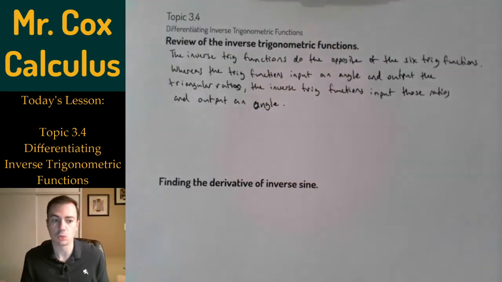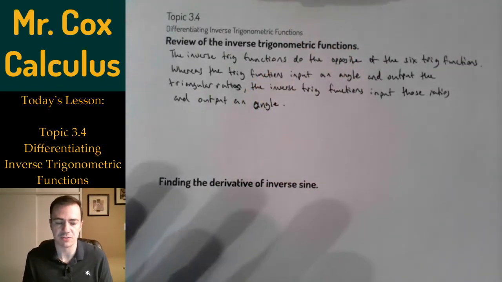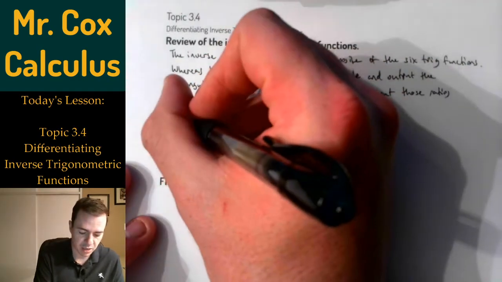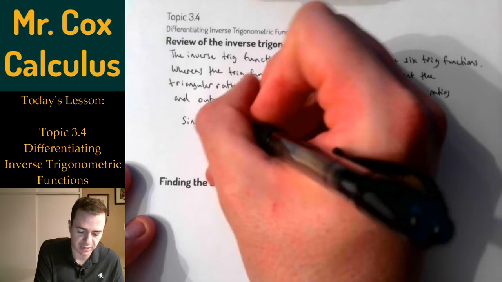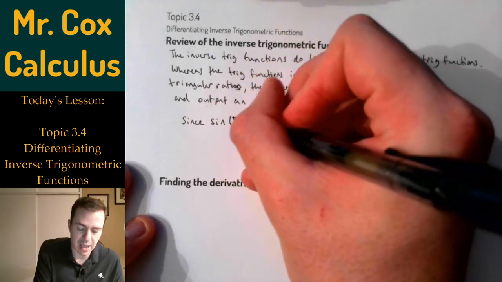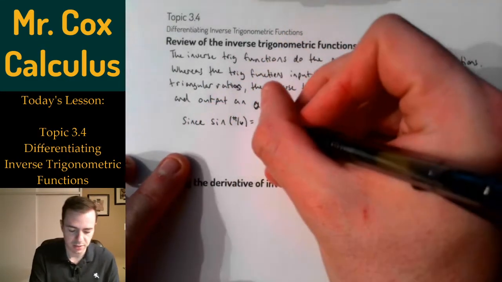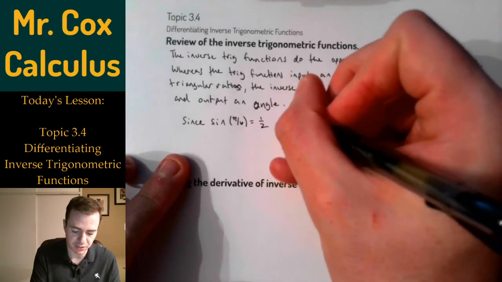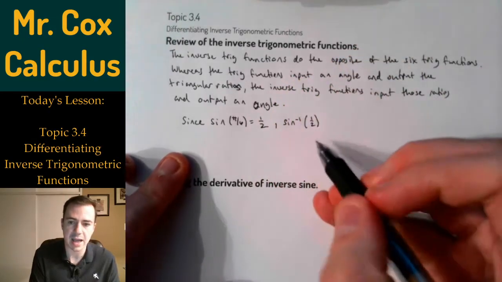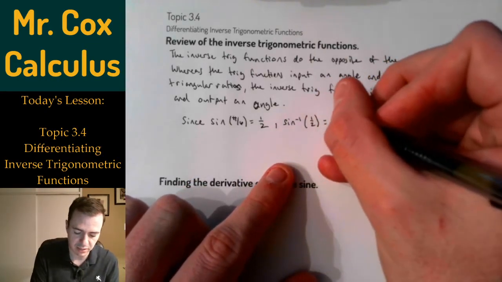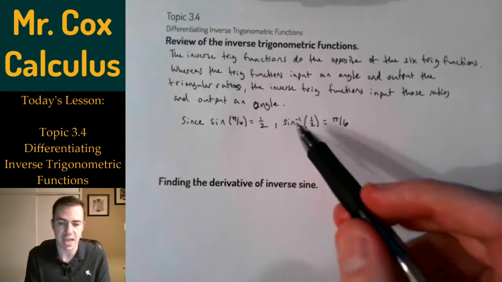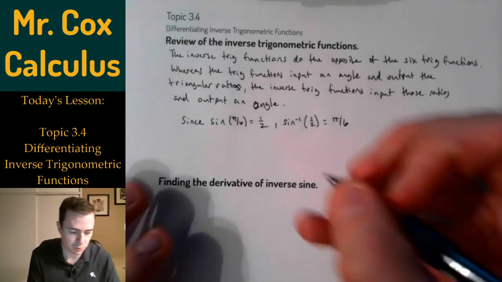So again, swapped, just like you do with any inverse functions for their inputs and outputs. So for example, the one we already mentioned, the sine of pi over 6 is equal to 1/2. So if that's true, then that means that the inverse sine of 1/2, so 1/2 now, that triangular ratio is the input, equals pi over 6. That's the angle that gives me that particular ratio.